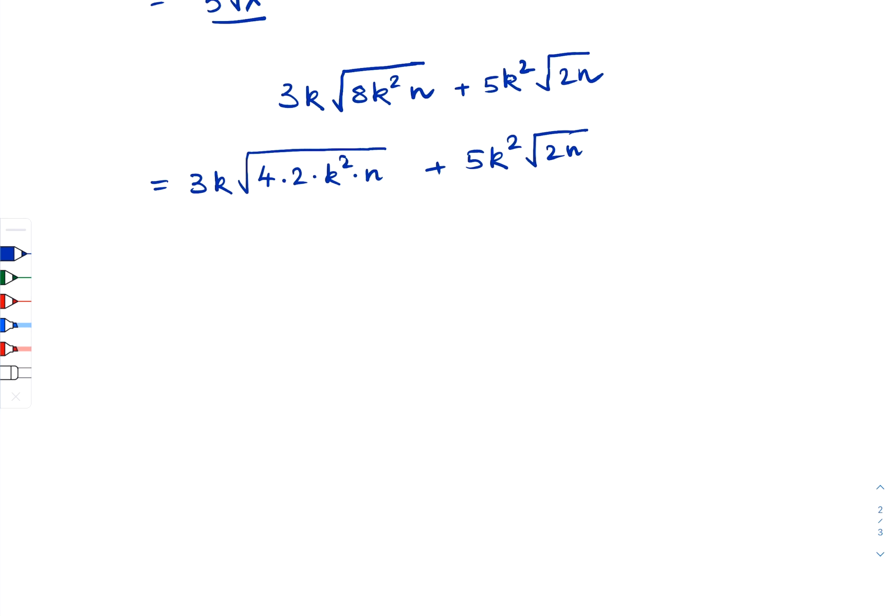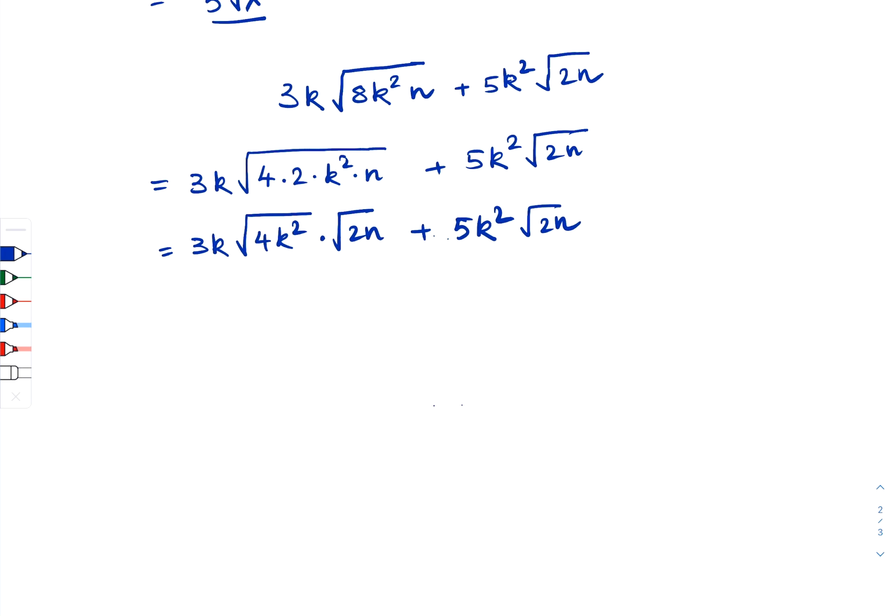Now I know I'm going to take the squares out. So 3k square root of 4k squared times square root of 2n plus 5k square root of 2n.